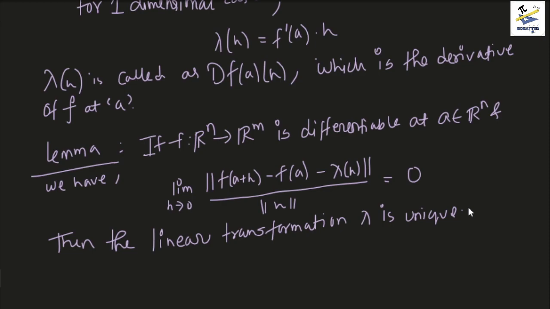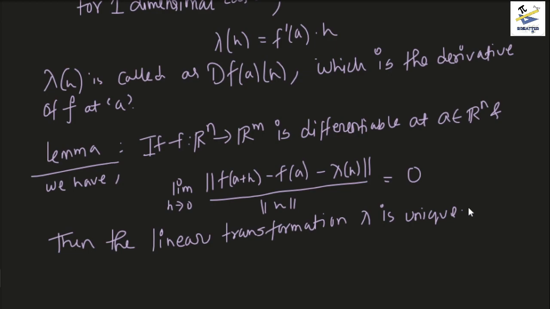As you understand from the last section, the linear transformation itself is the derivative of the function, right? So that linear transformation, whatever it is, must be the derivative, and it is unique, so there cannot exist two different derivatives of the same function at the same point. Okay, so how do we prove it?